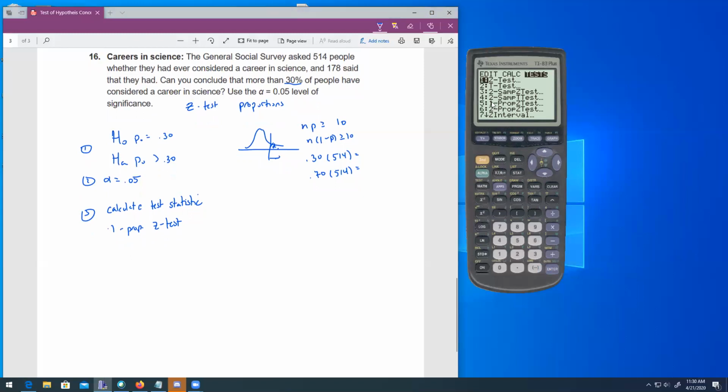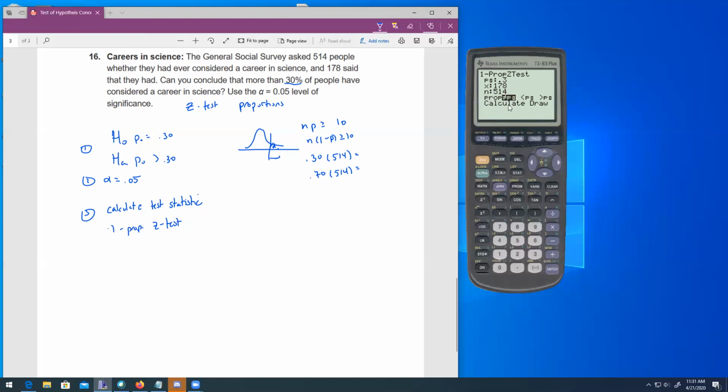All right, so our P0, that was going to be 0.30. And then they said, well, how many people said yes? 178 people said yes, they considered a career in science, out of how many? 514. So it's kind of nice that the calculator does all of this for you.